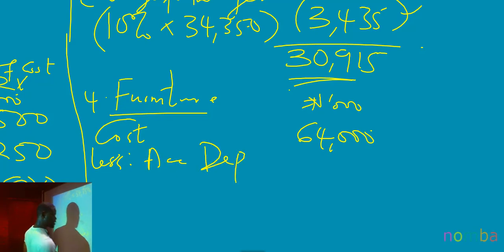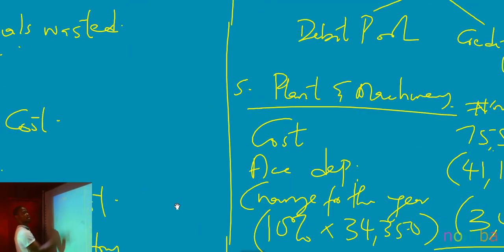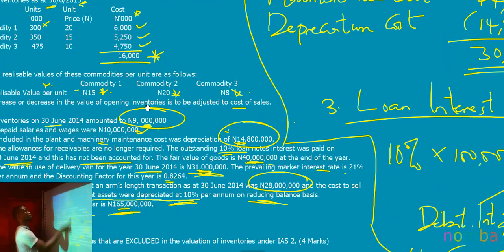Deduct accumulated depreciation, which we will find in the question.